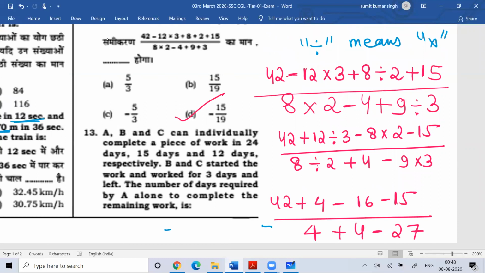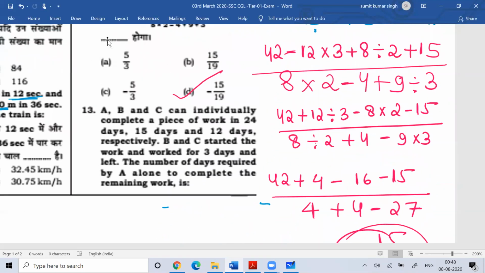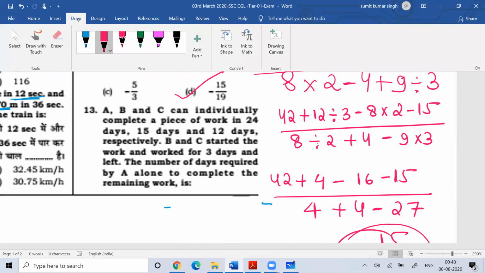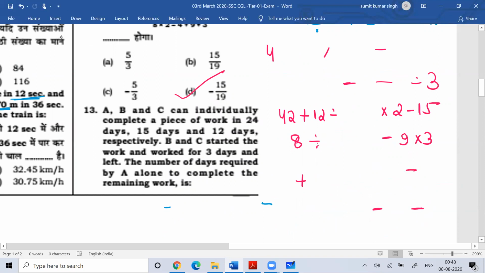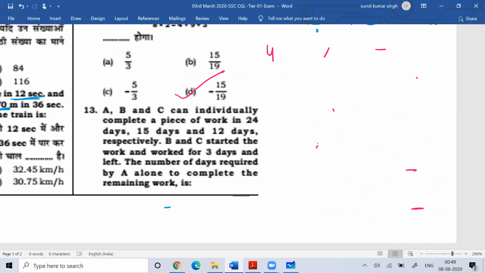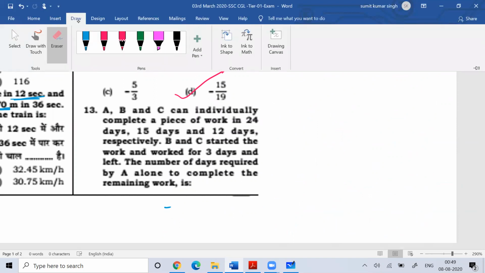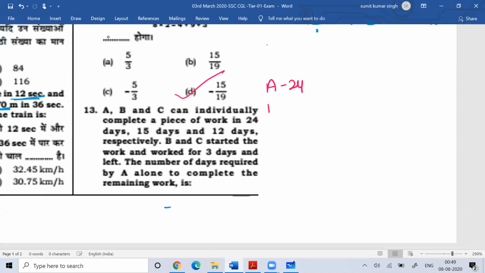Okay. Now you can see question number 13. A, B, C individually can complete a piece of work in 24 days, 15 days, and 12 days respectively.